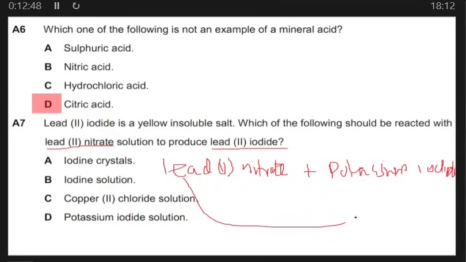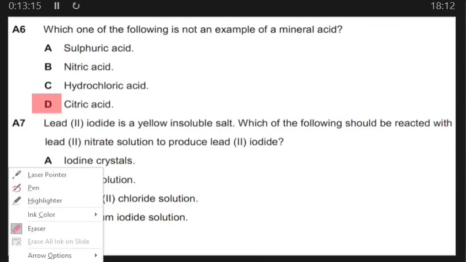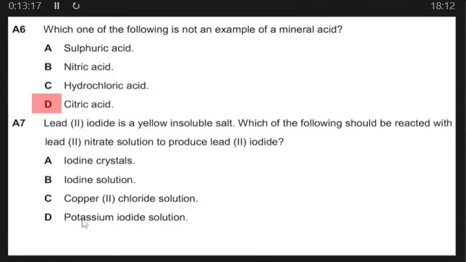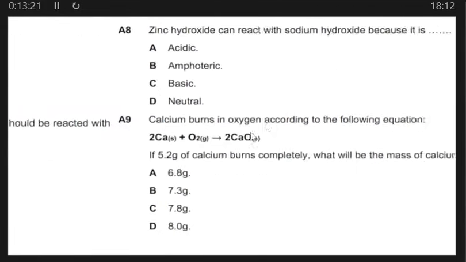Lead will combine with iodide to form lead 2 iodide, then the nitrate will combine with potassium to form potassium nitrate. So this salt, lead iodide, will be insoluble, which is the salt they need. So the answer here is going to be D.